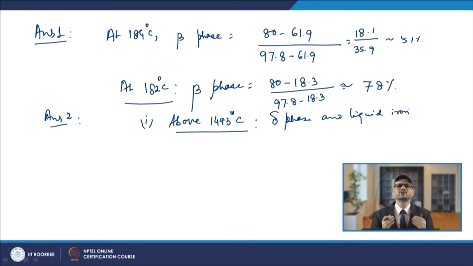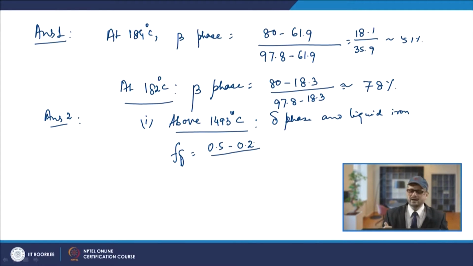So, using the lever rule, you have to see towards the right where it is touching that liquidus line. It is just above that temperature line, it is at 0.5. So, the fraction of delta phase, you will have 0.5 towards the rightmost point, and we are talking about 0.2%, and ultimately it is going towards 0.1% towards the extreme left.